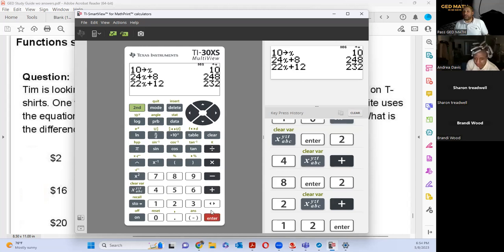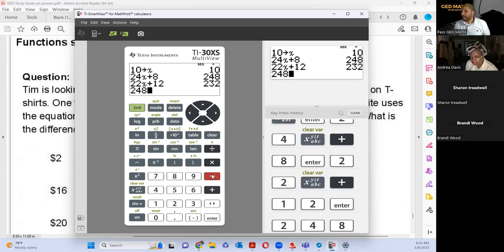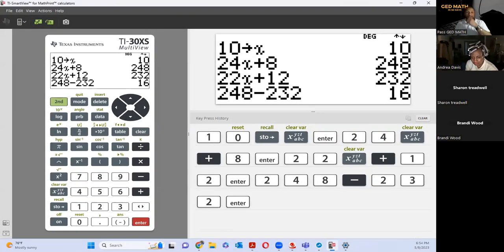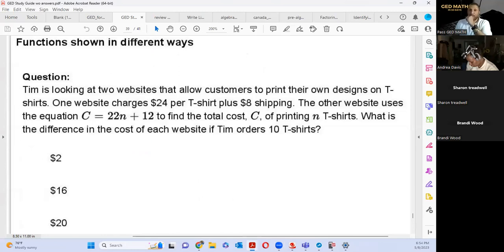What's the difference between the two? 248 minus 232. 45 seconds, I'm done. 16. On a question that looked difficult, that looked hard. But by identifying what you know and using your calculator, we got our answer: 16.